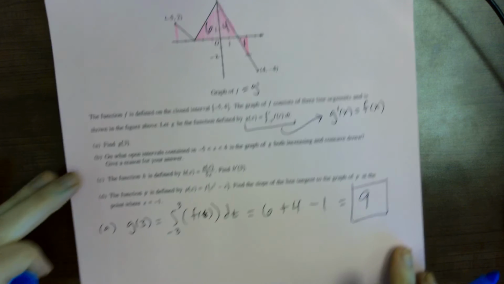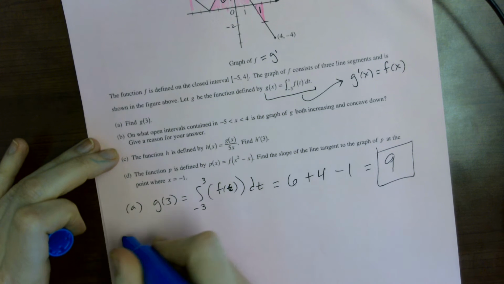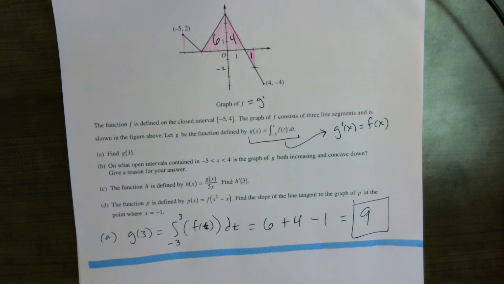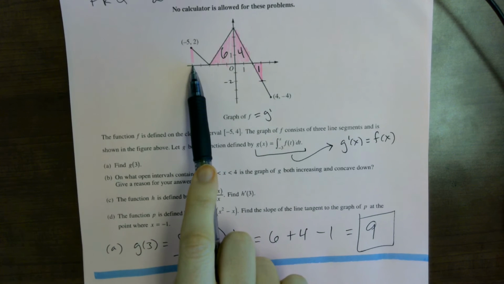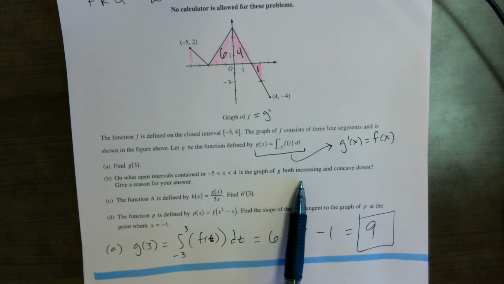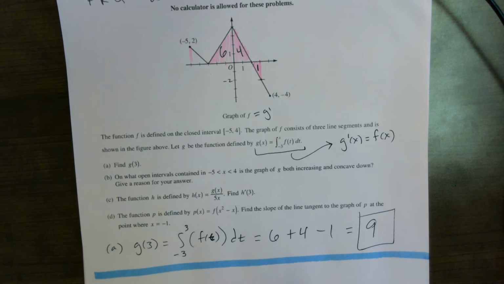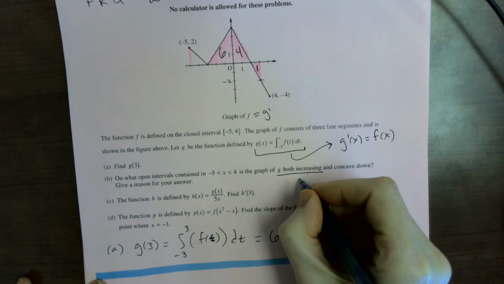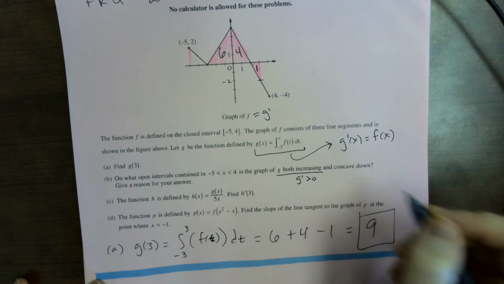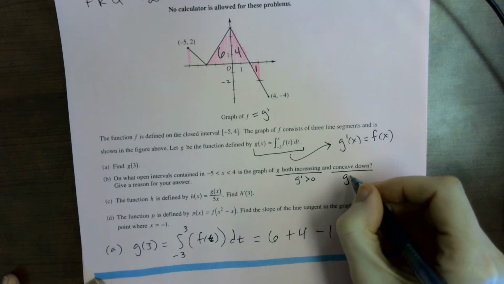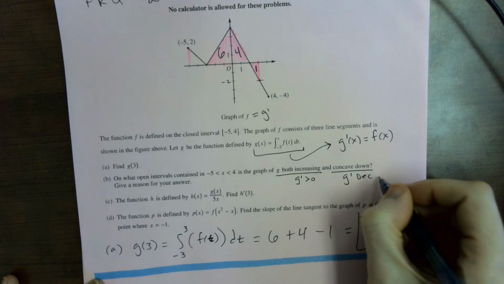Okay, now the second one. This is a Susan's table one, guys. We really need to nail the Susan's table ones. So on what open intervals contained in the interval from -5 to 4 is the graph of G both increasing and concave down? So for G to be increasing, we need G prime greater than 0. For G to be concave down, we need G prime is decreasing.